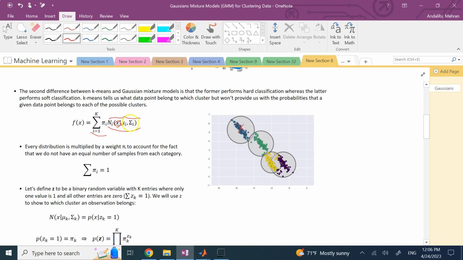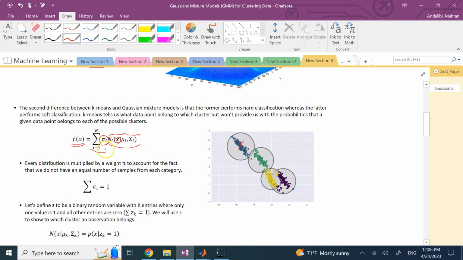And each one of these normal distributions is multiplied by its own proportion, pi_i, and summed up all together, you get the total probability distribution for the observation x. Okay, and these pi_i's show that the number of samples in each one of these clusters is not the same, okay? So these are proportions, basically the number of samples over the total number. So if you add all of these pi's together, the summation of all of these proportions is equal to 1. Okay, so each one of them is a fraction.